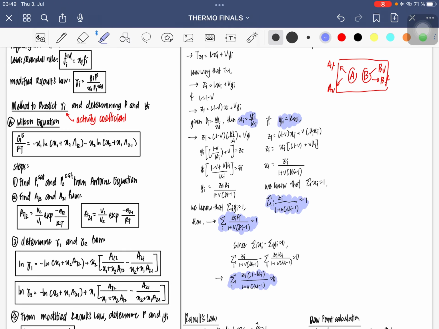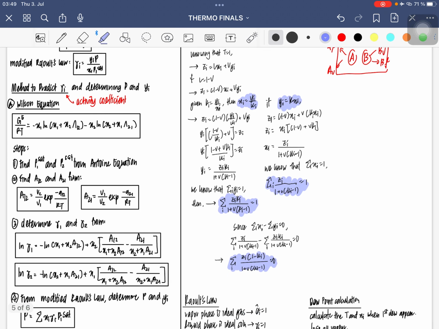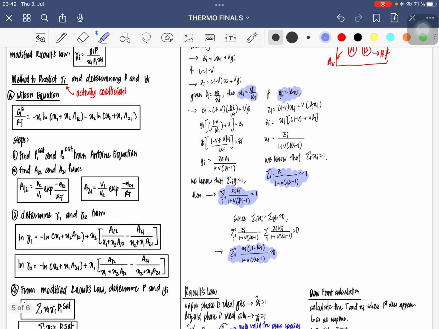So in the Wilson equation, sometimes they've already given x1 and x2. Yeah, x1 and x2 are already given. So you just have to find your a12, which is this formula. You just have to find this p1 sat and p2 sat first.